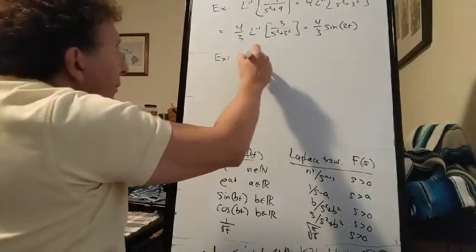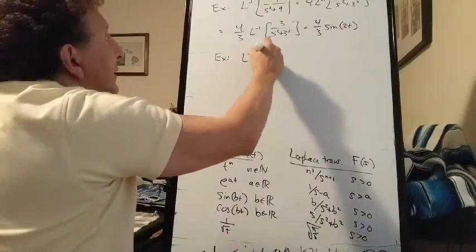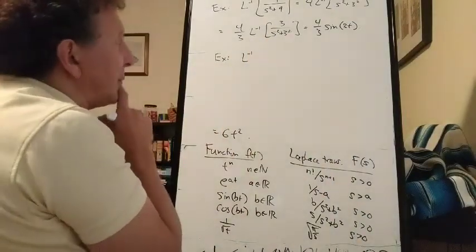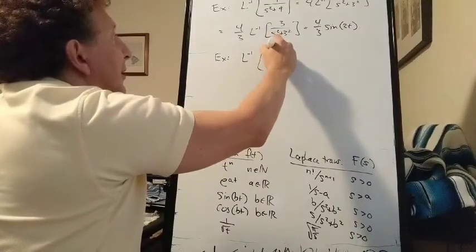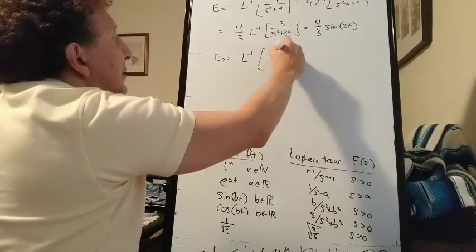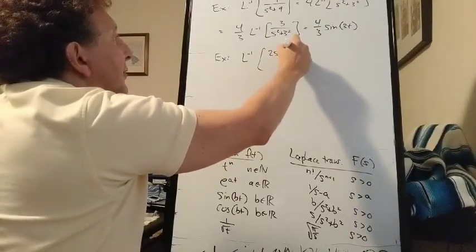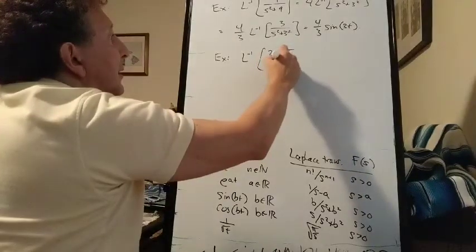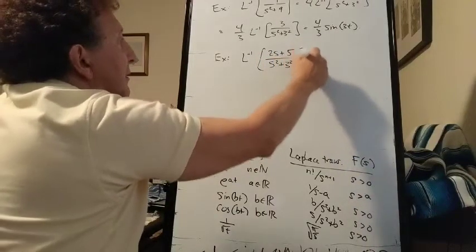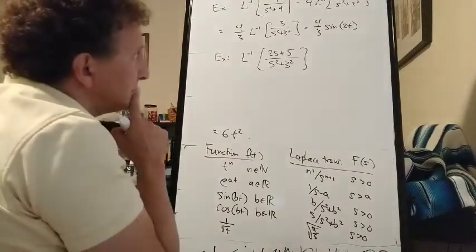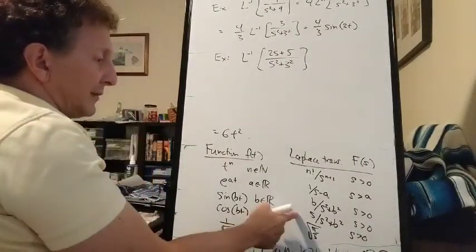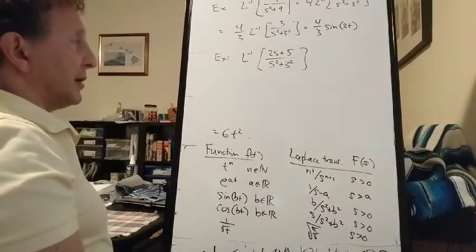Alright, let's make it a little bit more complicated. We haven't had to use linear combinations yet. What if we have L inverse of 2s plus 5 over s squared plus 3 squared? So I'll keep the denominator from the previous example. So now we have an s and a number in the numerator.